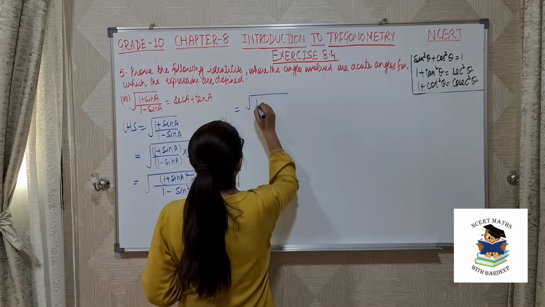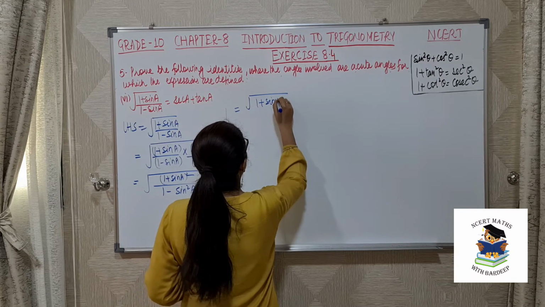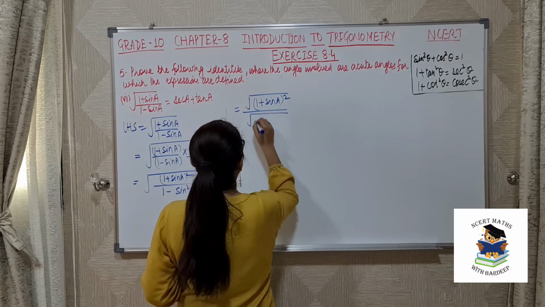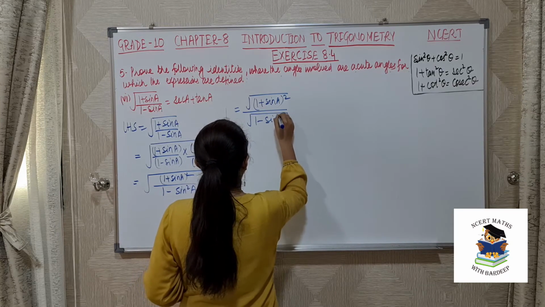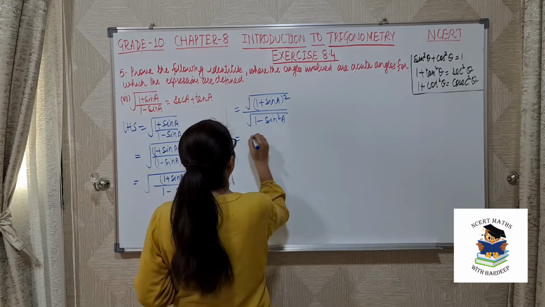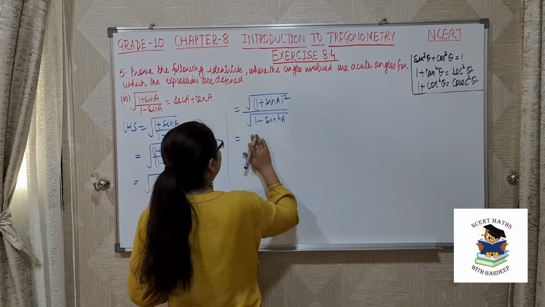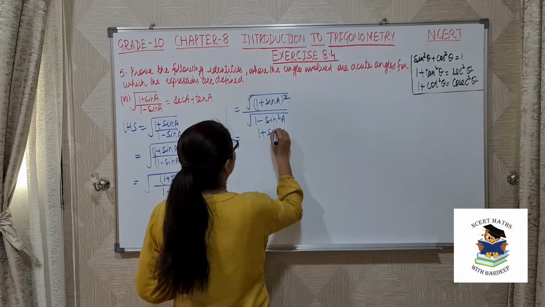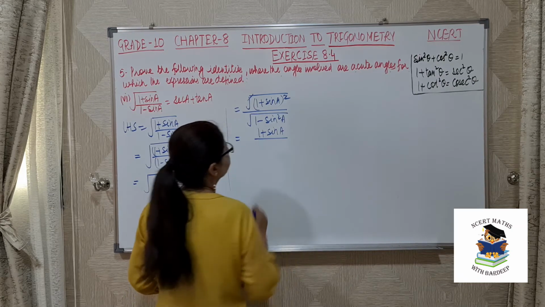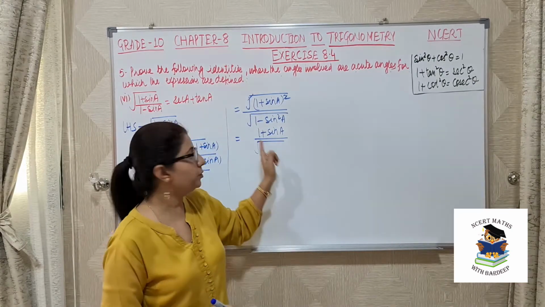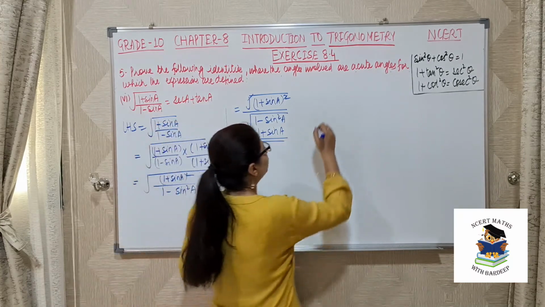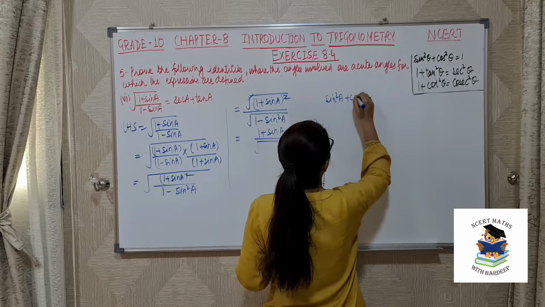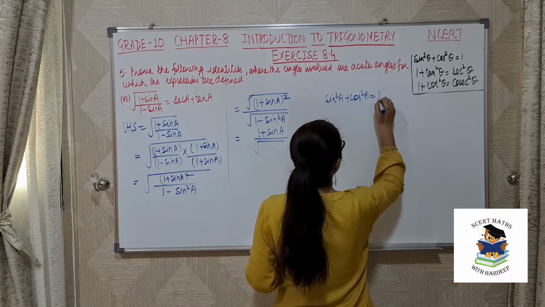So this is square root of 1 plus sin A whole square divided by 1 minus sin square A. Okay. See now, this square and square root will be cancelled. So we are left with 1 plus sin A. What to do here is 1 minus sin square A. So we know that sin square A plus cos square A equals 1.